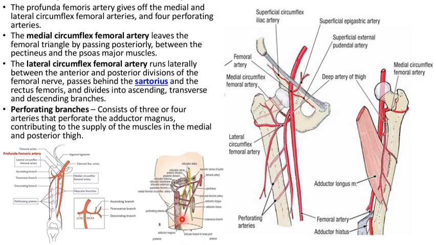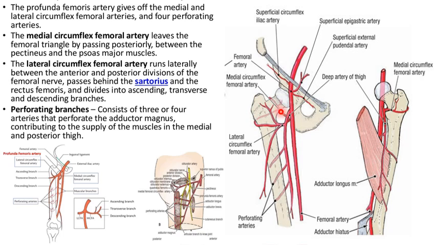So now this profunda femoris artery gives off the medial circumflex artery, the one which is going like this here, which is going posteriorly. This is the posterior aspect. So this is the medial circumflex femoral artery. This is the anterior aspect of the thigh region. So this is the lateral circumflex femoral artery.